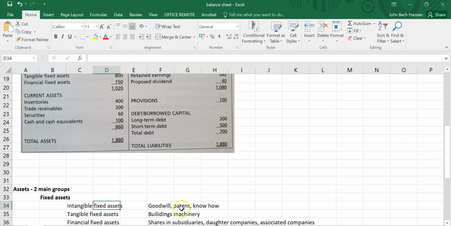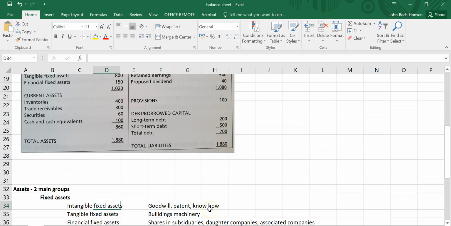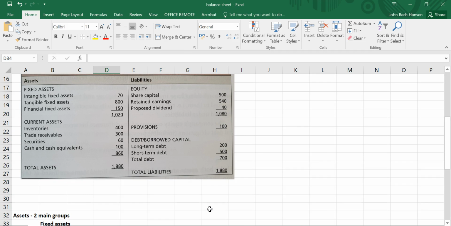So it's not so that you can create your own patent and know-how and then say, well, I think it's worth 1 or 2 million. That's a bit difficult. You cannot so easily do that in your bookings. But if you buy a recipe, let's say on a cake, and you have a restaurant, and this recipe is really of high value because no one else knows it, and everybody wants this type of cake, then having this recipe, this know-how, is actually a value for you, and you can earn profit on it in the years coming.